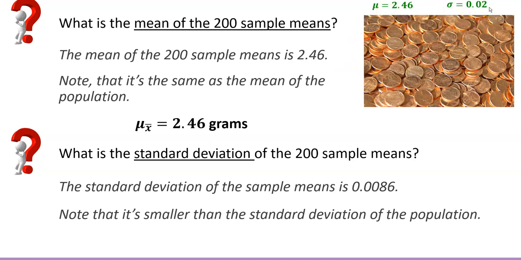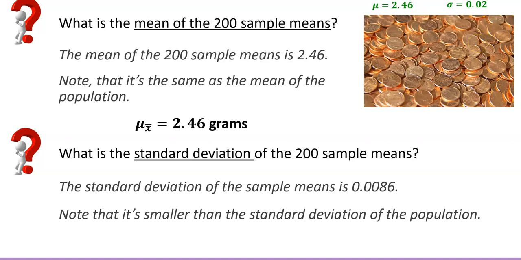What does it mean that the standard deviation is less? How do we analyze the results? Well, since standard deviation measures the spread, greater standard deviation indicates greater spread. So the fact that the standard deviation of the sample means is less than the population standard deviation means that sample means are not as spread out as the weights of the coins in the population.